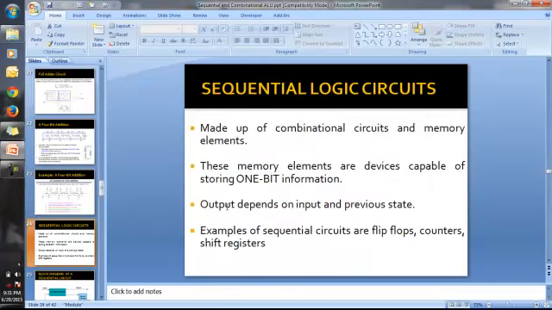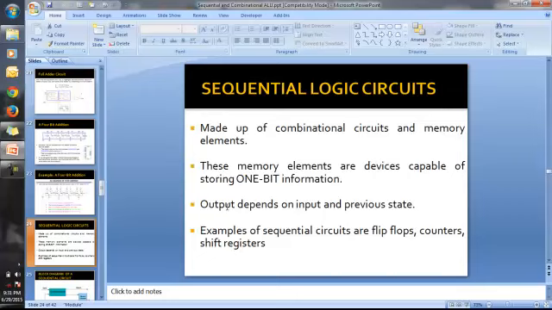Now let us move on to sequential circuits. A sequential circuit is made up of a combinational circuit together with a memory element, whereas in a combinational circuit we won't have any memory element. So this is a major difference between sequential and combinational circuits.